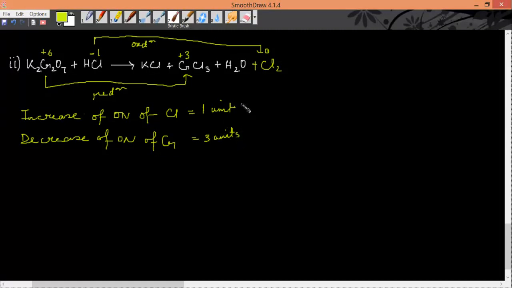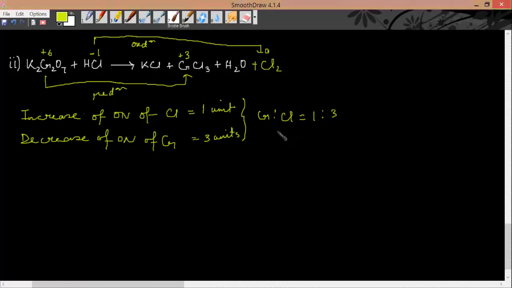Okay, then from these just calculate the ratio of chromium to chlorine. Increase in oxidation number of chlorine is +1, so we have to write 1 first, and then the decrease in chromium is 3 units, so we write it here because we have to reverse the change.